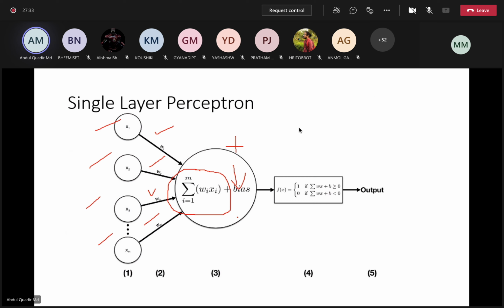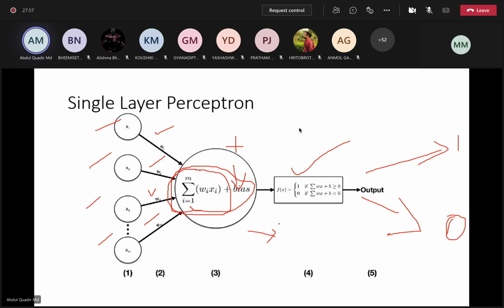I am adding a bias and some error function. When I add up, I get some value, and that value, my activation function will classify whether it is 1 or 0.